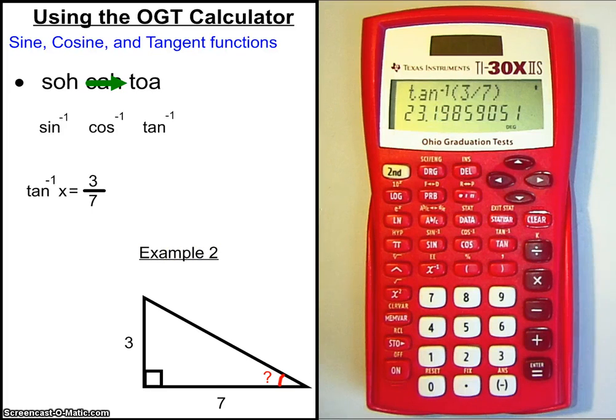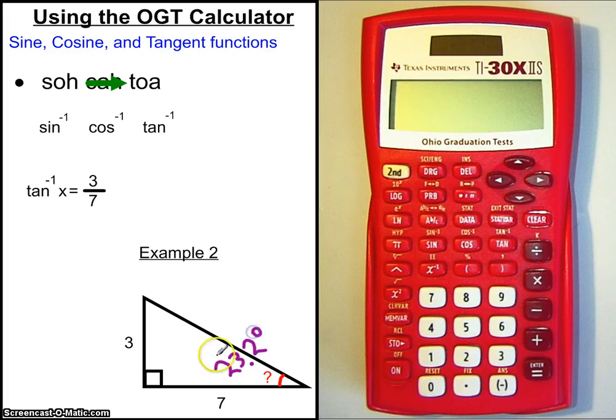If we rounded that to the nearest tenth, we are going to get 23.2. So let's write our answer here: 23.2 degrees for this angle measure. And that is how you use sine, cosine, and tangent and their inverse functions when looking at the TI-30X calculator.